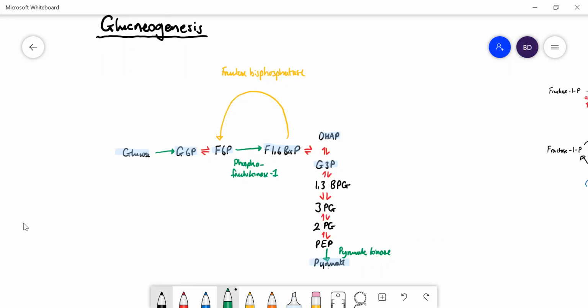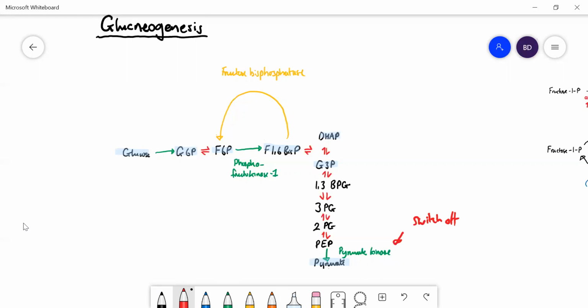Now, glucagon will switch off pyruvate kinase. It will stop it working, which is really important because you don't want to be turning pyruvate back into glucose and at the same time making new pyruvate. You don't want a kind of fruitless cycle of doing the same thing backwards and forwards. So that's switched off.